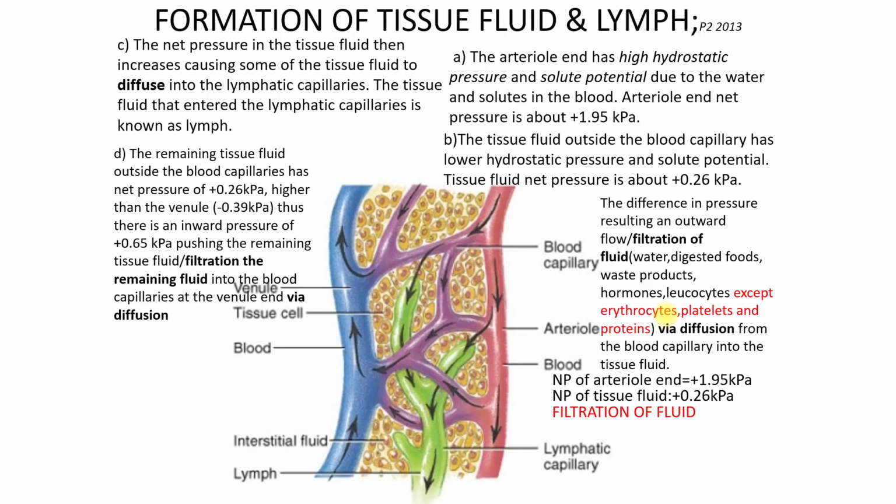This net pressure of the remaining tissue fluid, positive 0.26 kilopascal, is higher than the net pressure in the venule, which is negative 0.39 kilopascal.